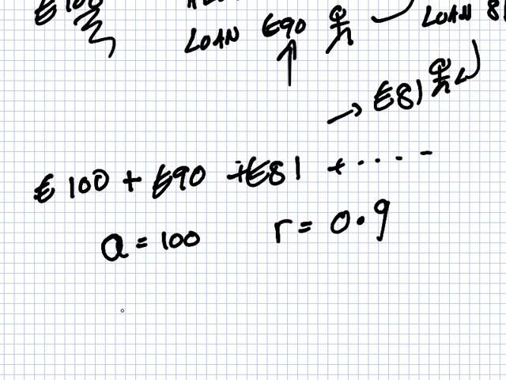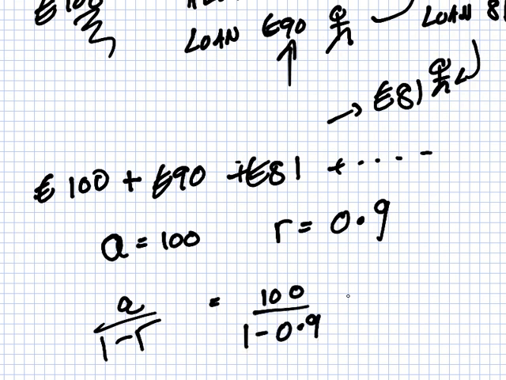So the total is A over 1 minus r, which is 100 over 1 minus 0.9, which is 1,000. So my 100 euros of cash has made 1,000 euros of cash. Do you see what's happened there?